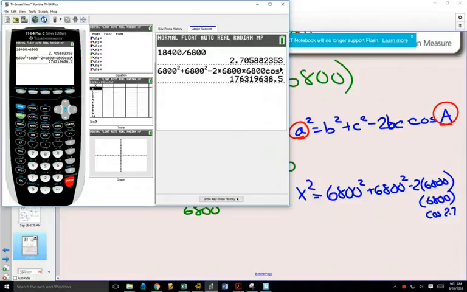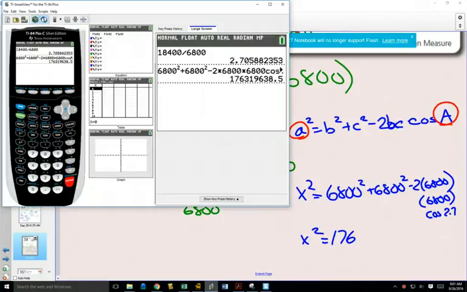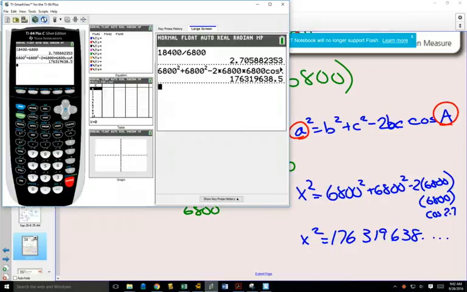176 billion. We have to remember that that is equal to x squared. Our x squared is 176 billion 319,638, dot, dot, dot. Now to find out what x is, find out that actual length, we're going to square root our answer.